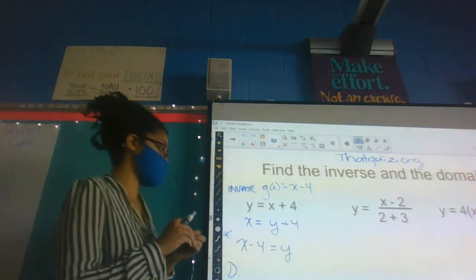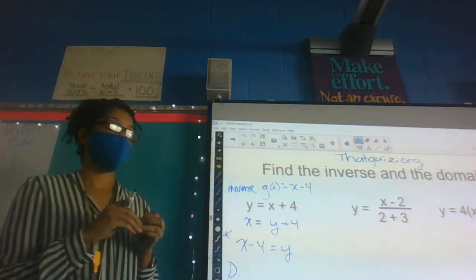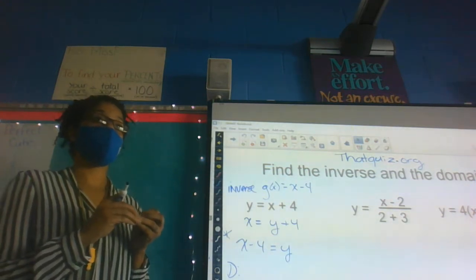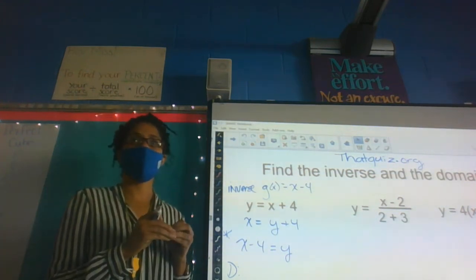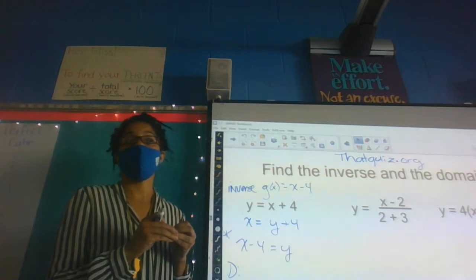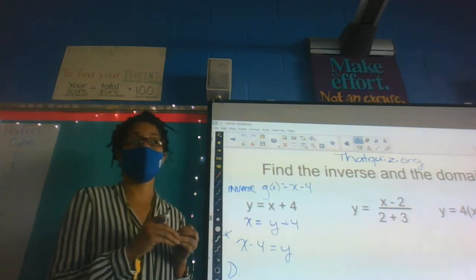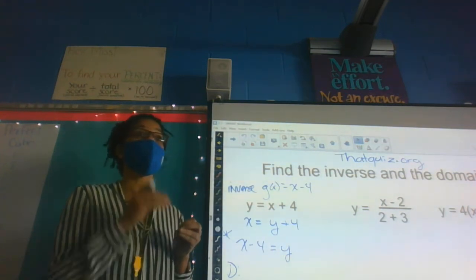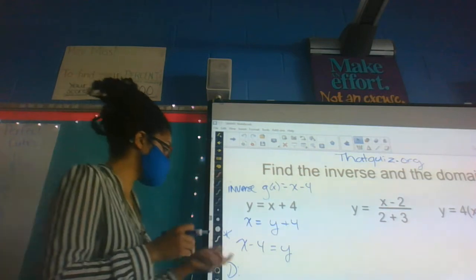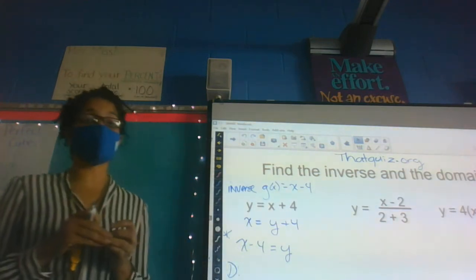It's the x. Anybody remember what a domain is? The x values, yep. So what can go into the x value of a function tells you what the domain is.